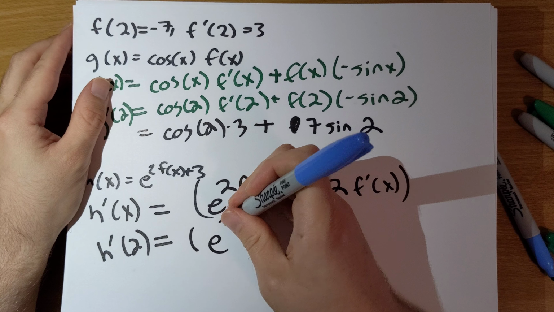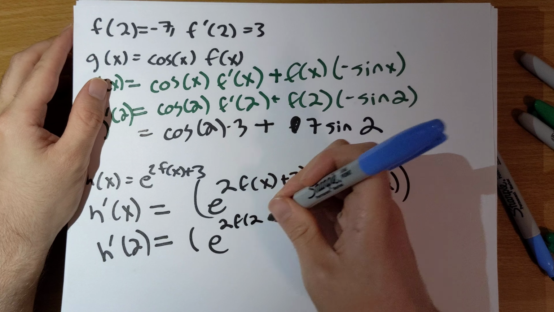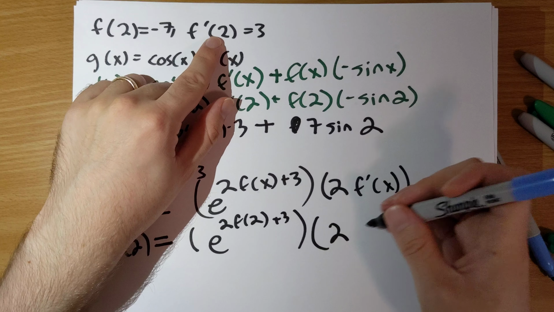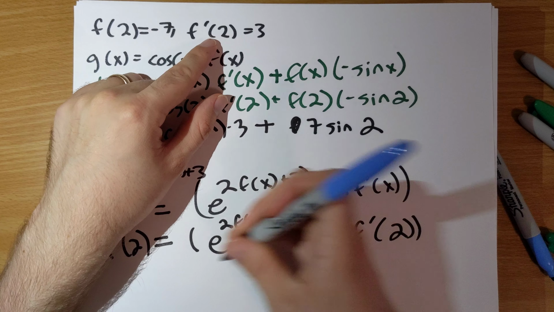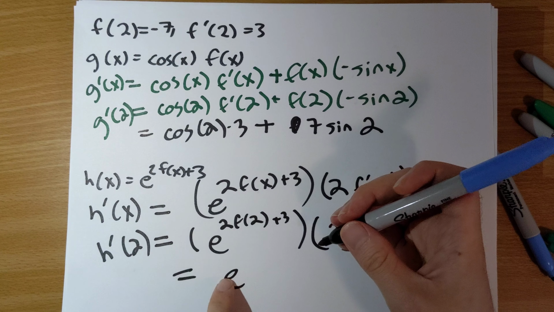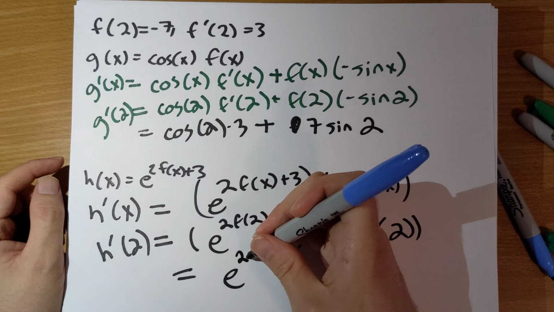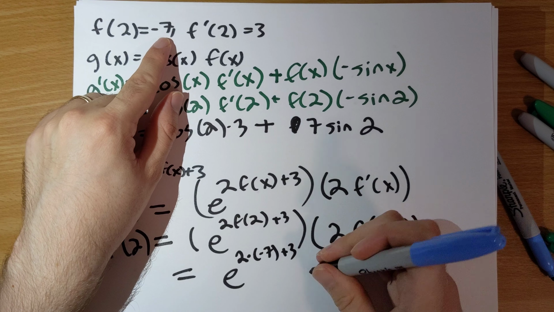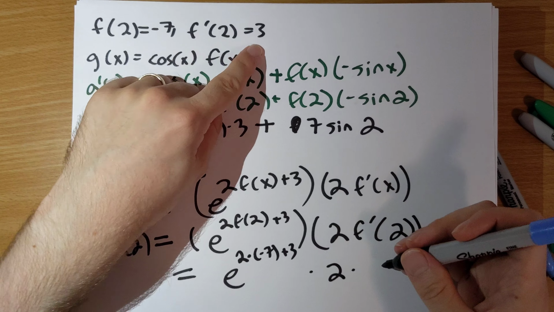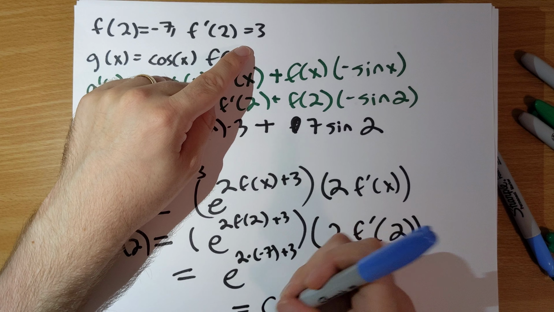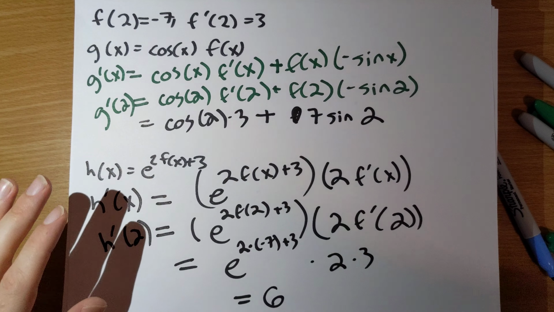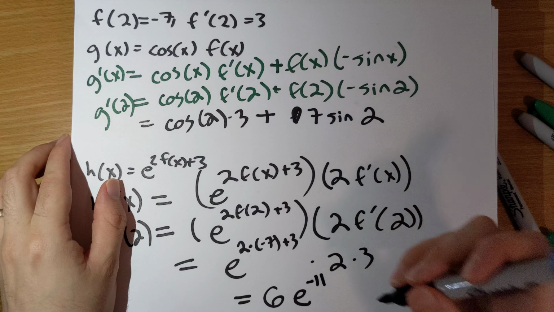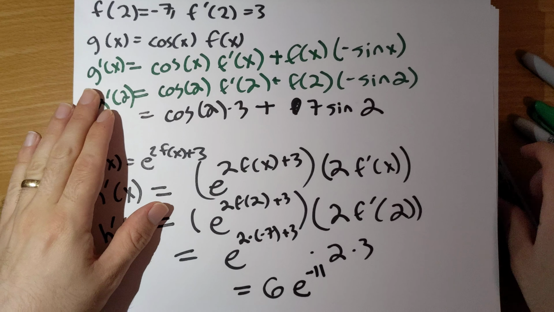So e to the 2 times f of 2 plus 3 times 2 times f prime of 2 equal to e to the 2 times negative 7 plus 3 times 2 times 3. So this is 6 times e to the negative 14 plus 3, 6e to the negative 11 is our final answer.